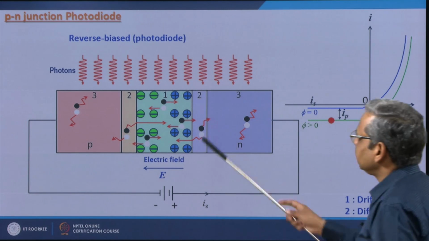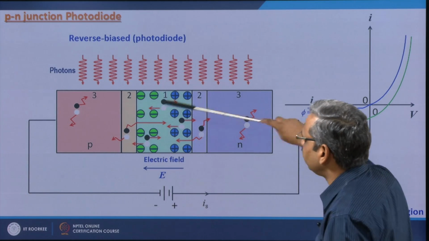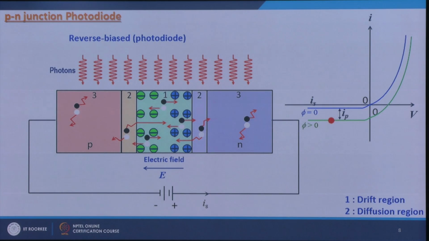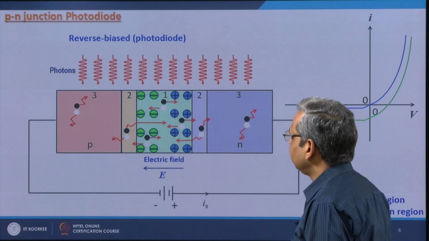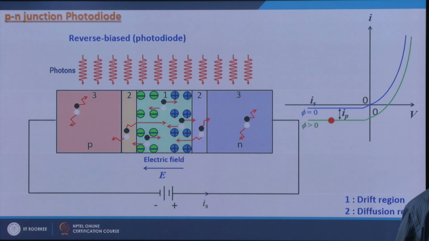And since this region is now wide, you will have more electron hole pairs generated here, which contribute towards photocurrent. So, this reverse biased operation of a photodiode results in a photodetector or photodetection process. So, you operate somewhere here.